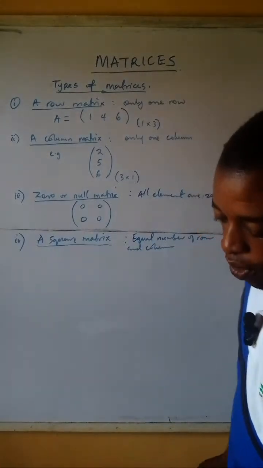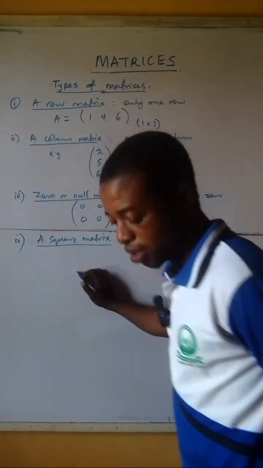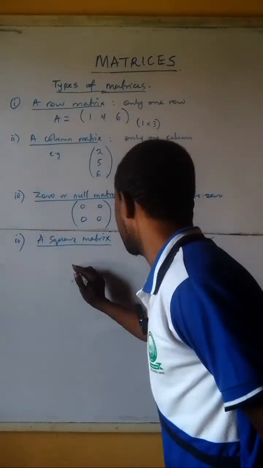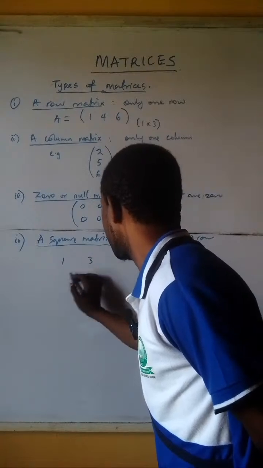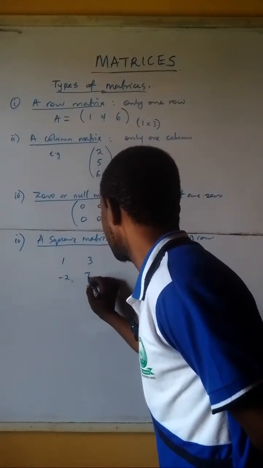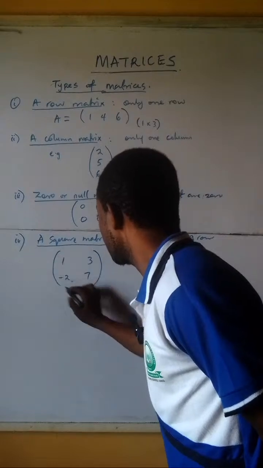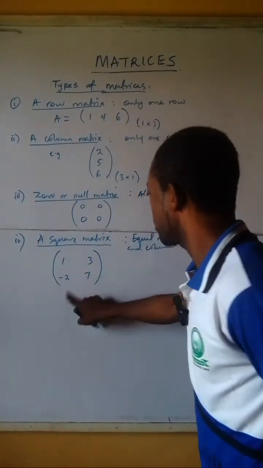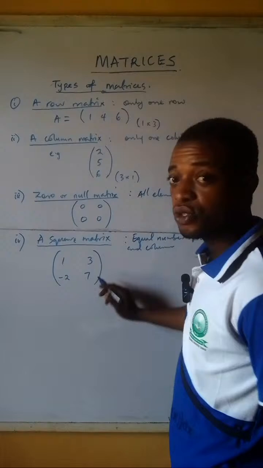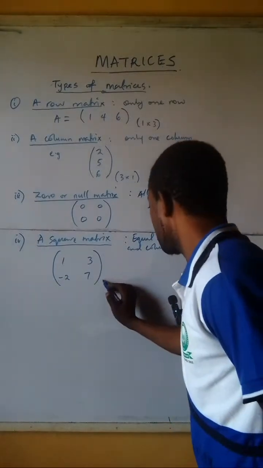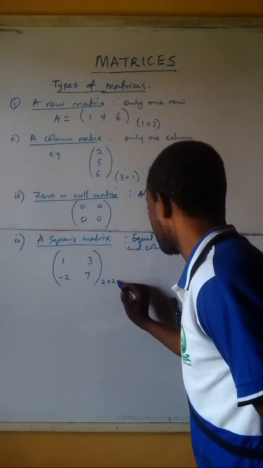So that's a square matrix. For instance, we have this matrix 1, 3, minus 2, 7. This matrix is a square matrix because it has 2 rows and 2 columns. So we call this a 2 by 2 matrix.